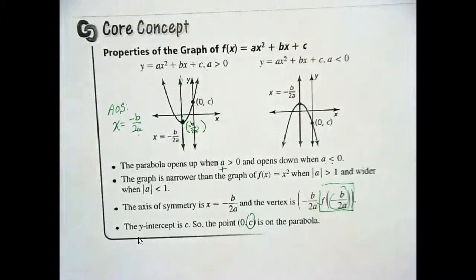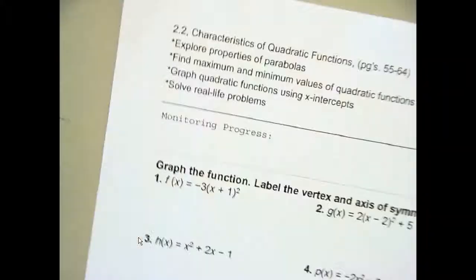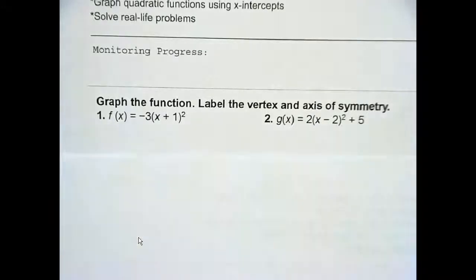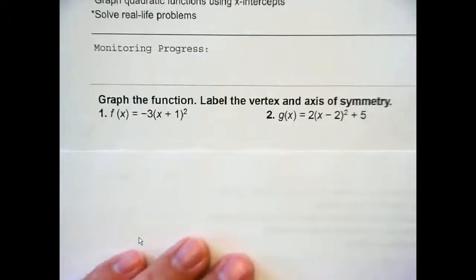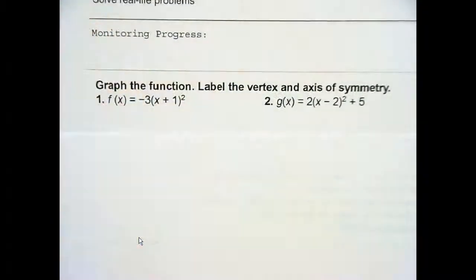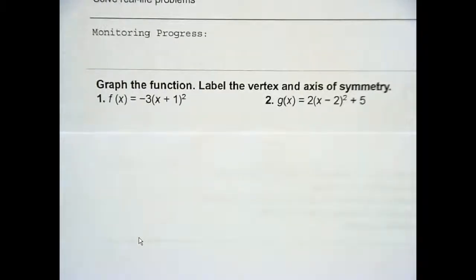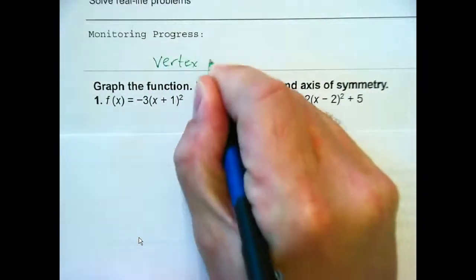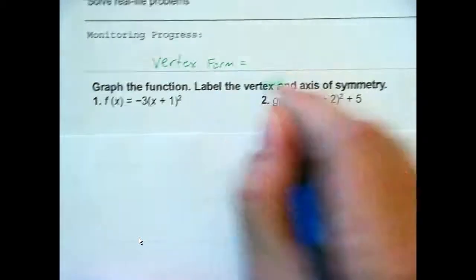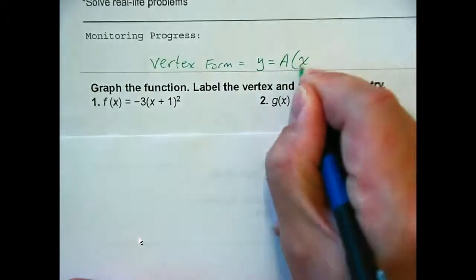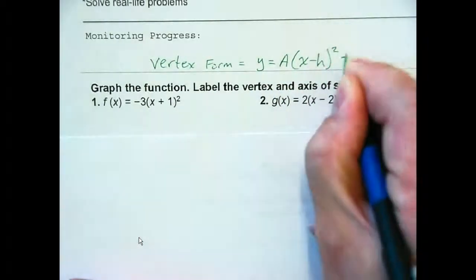Okay, so let's try to apply some of this. Here are some graphs we're going to go through, and we're going to do 1 and 2 first. On number 1, let's take one of our grids. It's nice when things are in vertex form. Remember, vertex form is y equals a times x minus h squared plus k.